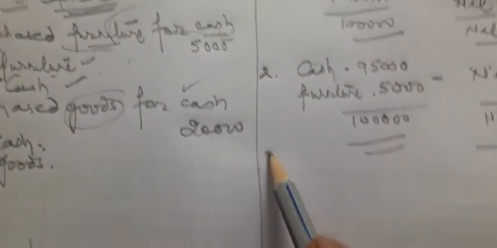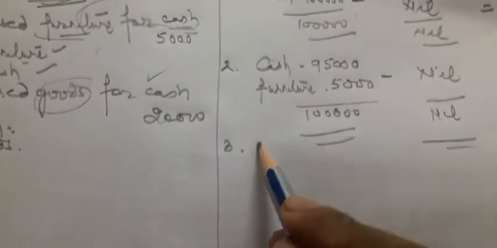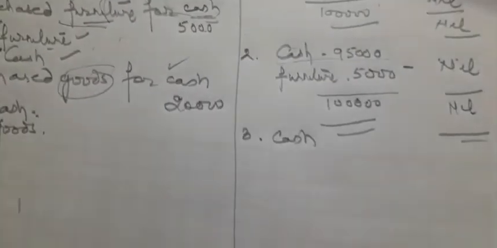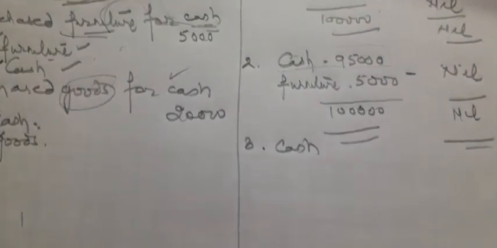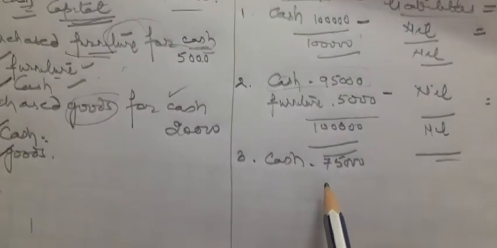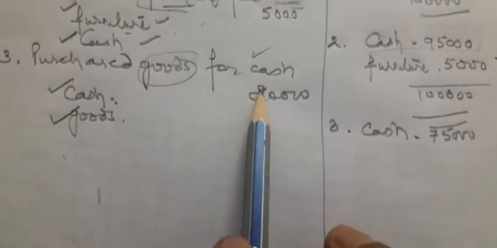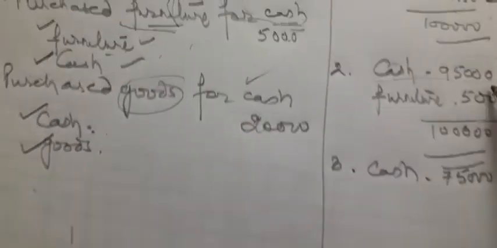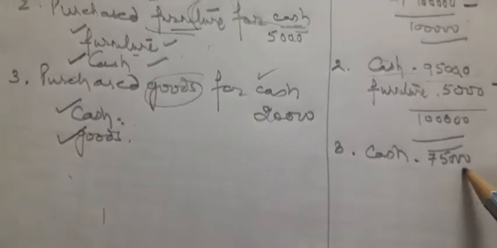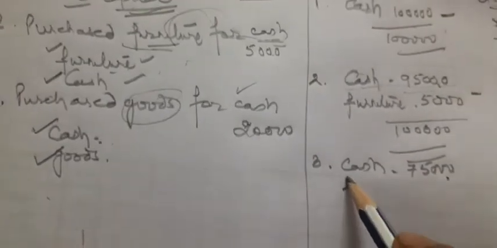In transaction number 3, cash which was 95,000 will be reduced to 75,000 because we have purchased goods for cash of rupees 20,000. So cash paid is 20,000, and cash will remain 95,000 minus 20,000.